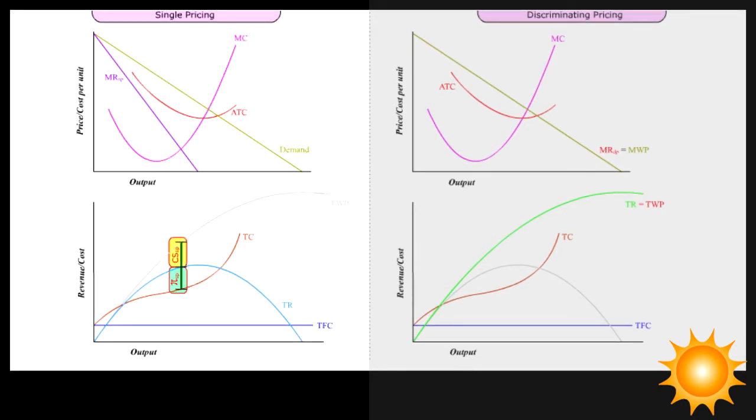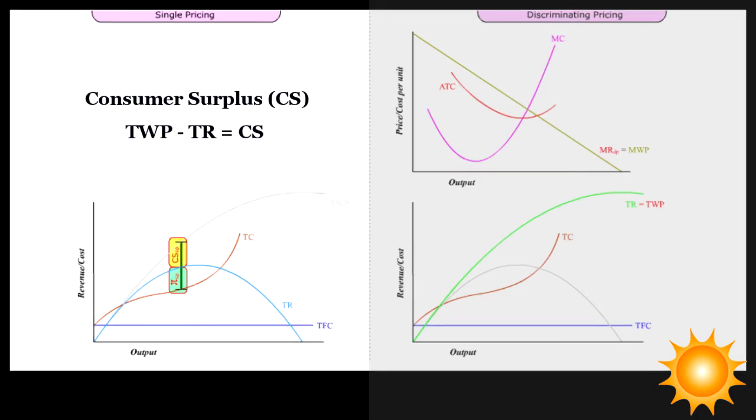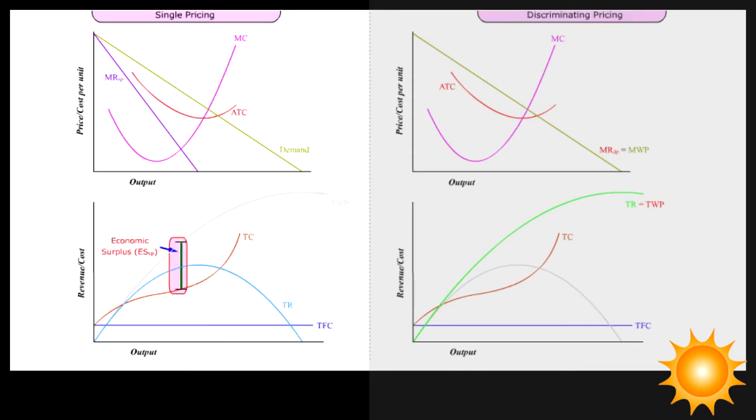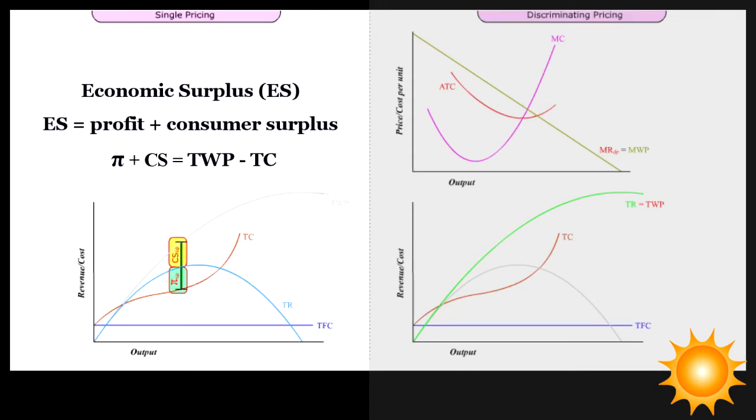This gap, TWP minus TR, is known as consumer surplus. The sum of profit, TR minus TC, and consumer surplus, TWP minus TR, is equal to economic surplus, TWP minus TC.